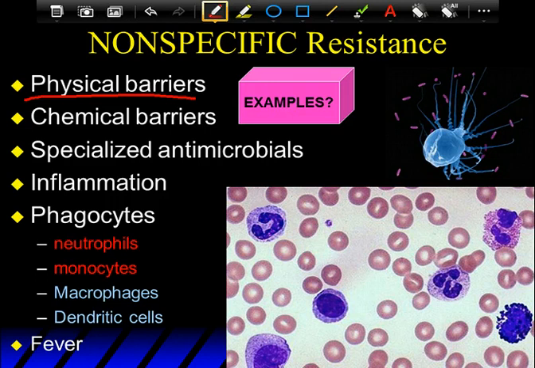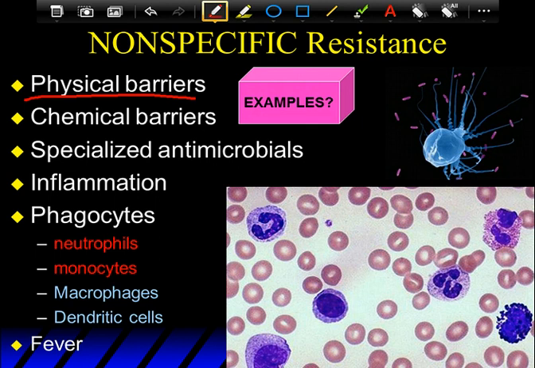You've got a lot of specialized antimicrobials like complement, interferon, interleukins, many of which are made by immune cells or phagocytic cells, but they are nonspecific. They're not for a particular microorganism.